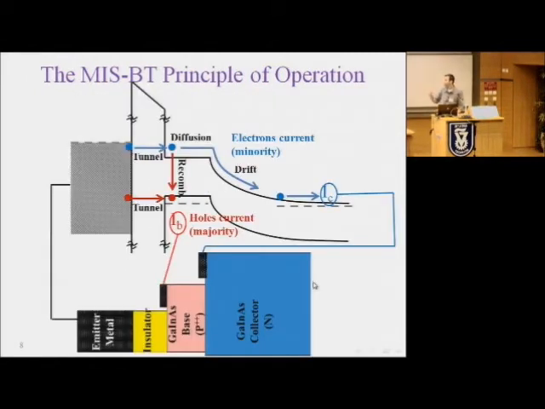So to sum up this last slide, we can see the device structure here, and we have the base terminal. Out of the total emitter current of the metal, the base terminal measures hole current, or majority carrier current, and the collector terminal measures the electron current, or minority carrier current.